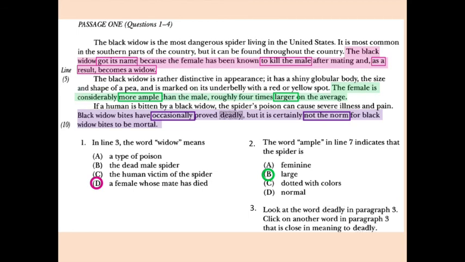So here we can see a restatement. Both parts of this sentence on either side of the comma mean the same thing. So here we can guess that the word mortal means the same thing as the word deadly.